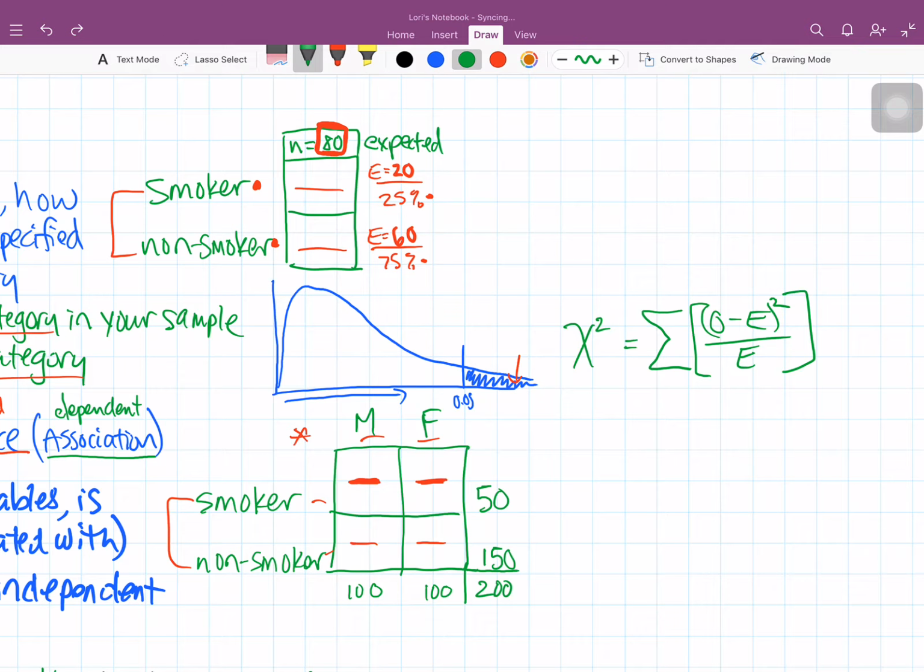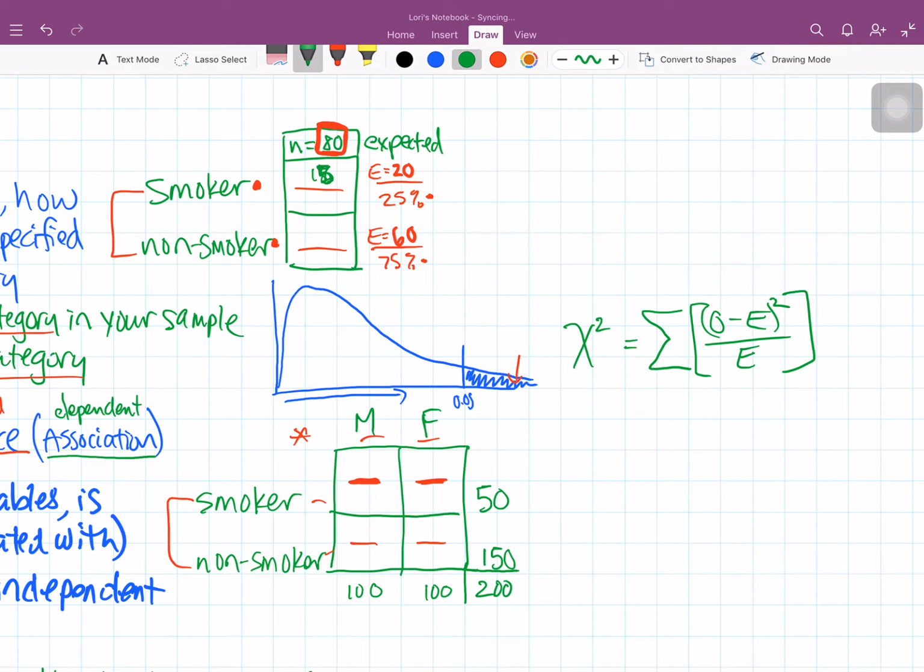What if it was only 18 and 62? Or 17 and 63, or 15. What if it was 15? 15 versus 20. Is that different enough that I would say, seems like there's something going on here?